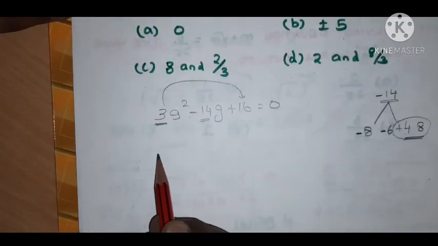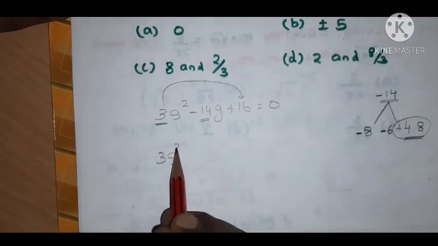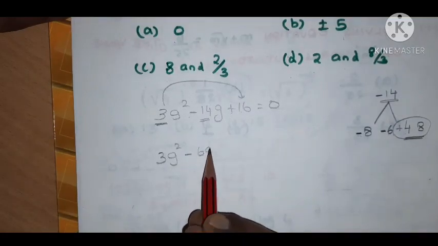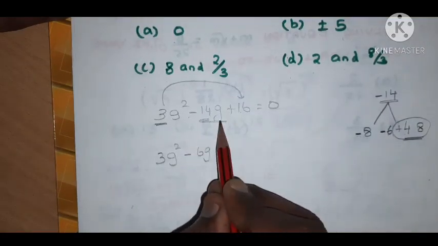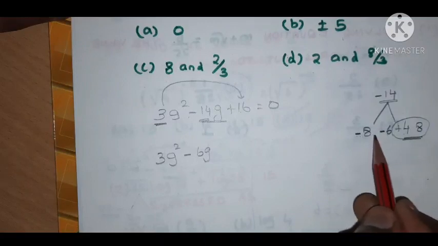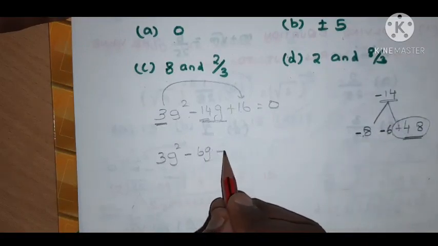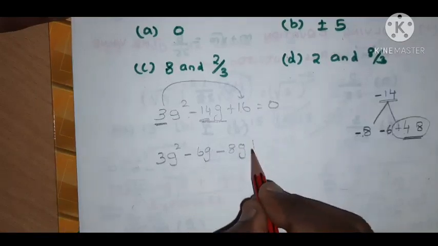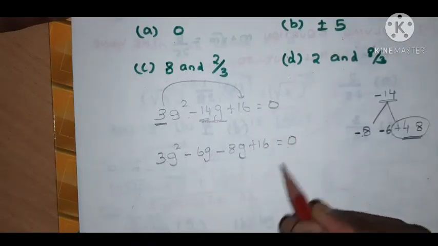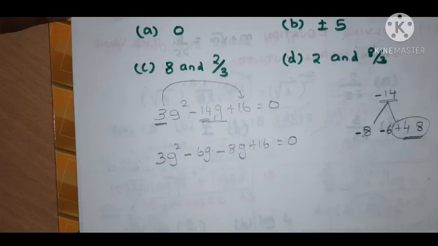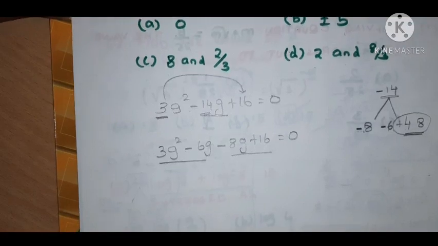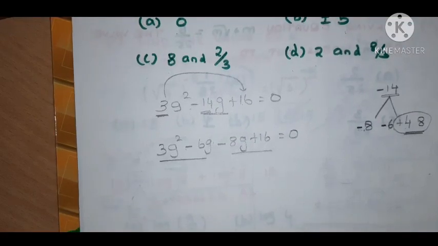Now what I'm going to write is 3g squared minus 6g. We have to split this x term into two terms, which we found here: minus 6 and minus 8. So minus 6g minus 8g plus 16 is equal to 0. Look at the first two terms and the other two terms. Take out the common term, and then we can easily find the roots.